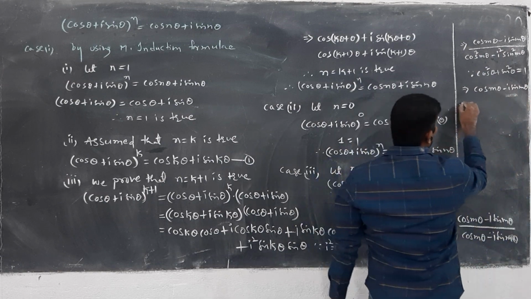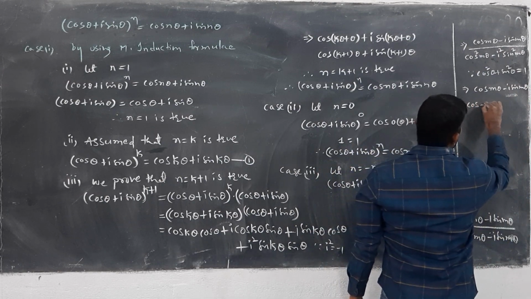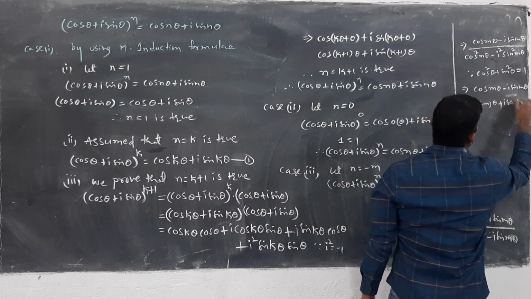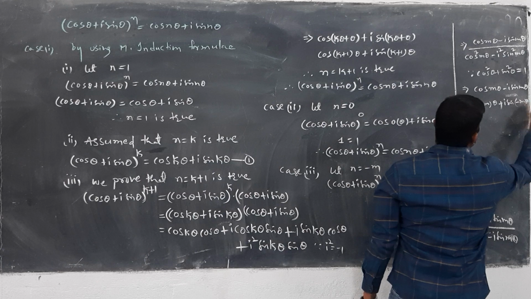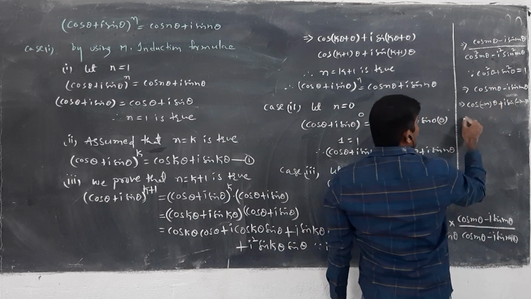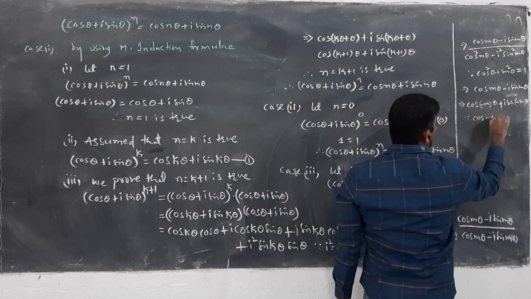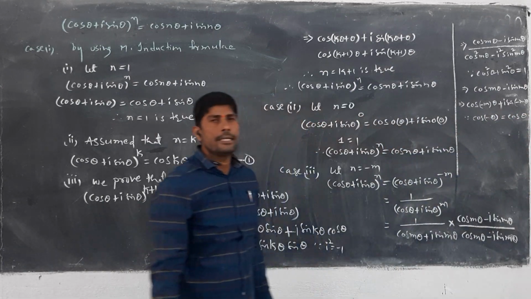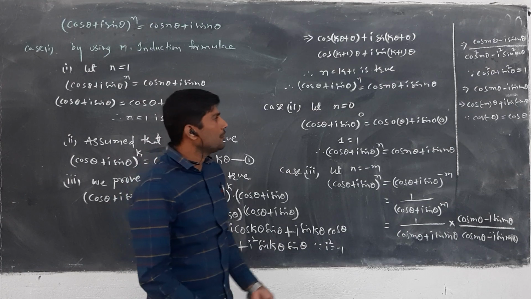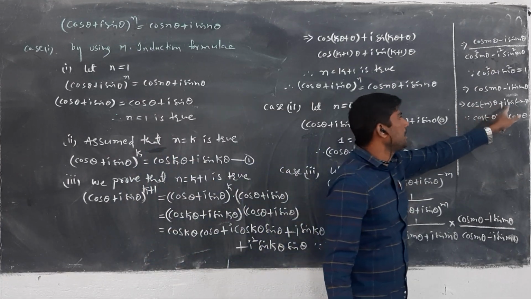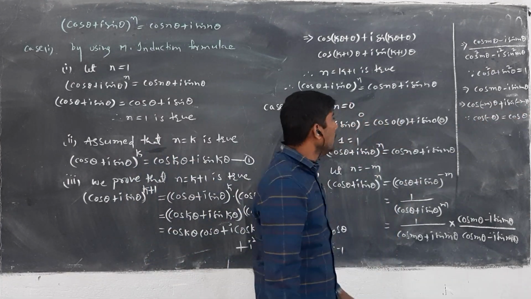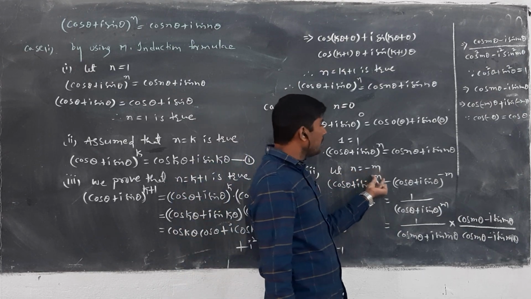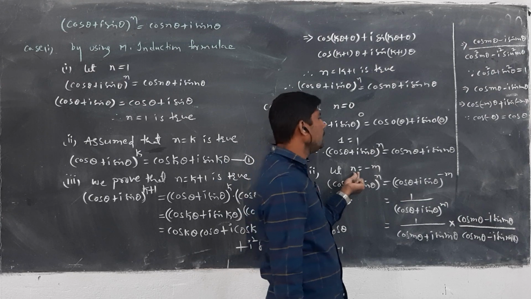So here you can write cos of minus m theta plus i sin of minus m theta, because cos of minus theta is equal to plus cos theta. So here cos of minus m into theta plus i sin of minus m into theta. Here n is equal to minus m, so in place of minus m we substitute n.